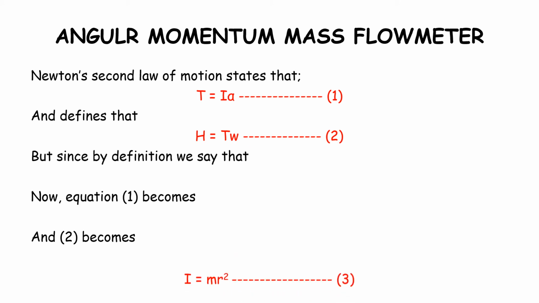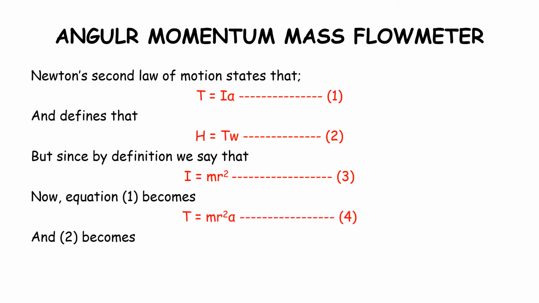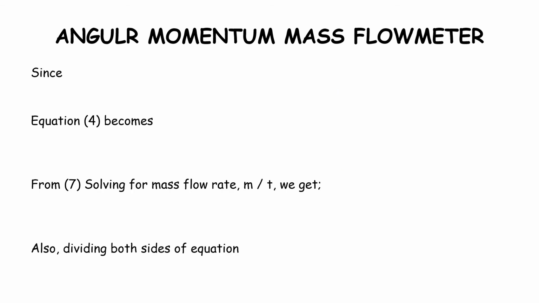But since by definition I is equal to m r squared, let's change our equation 1 as T is equal to m r squared alpha, and thus 2 becomes H is equal to m r squared omega.